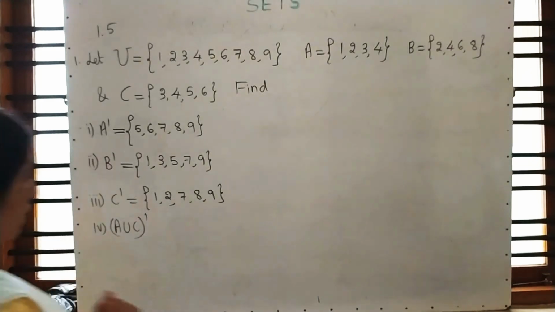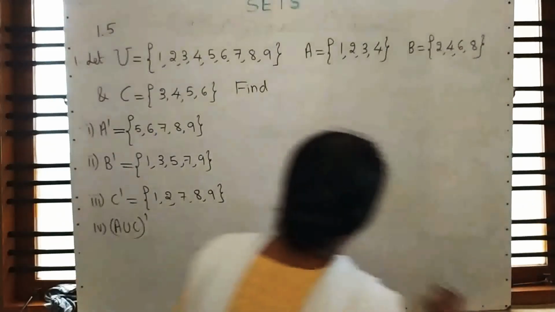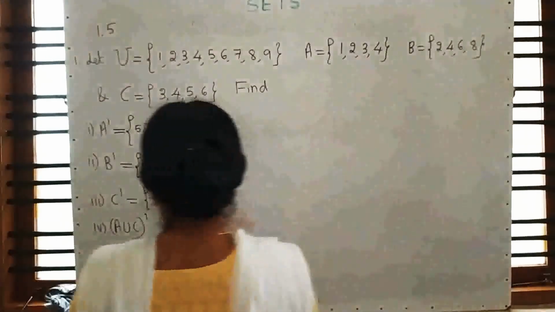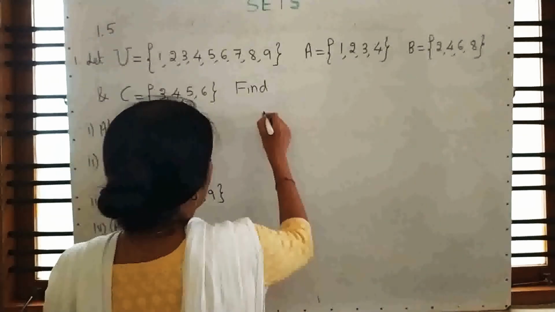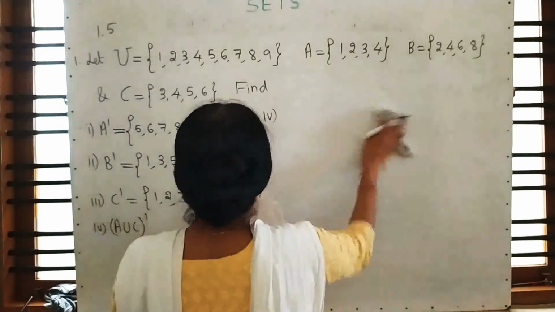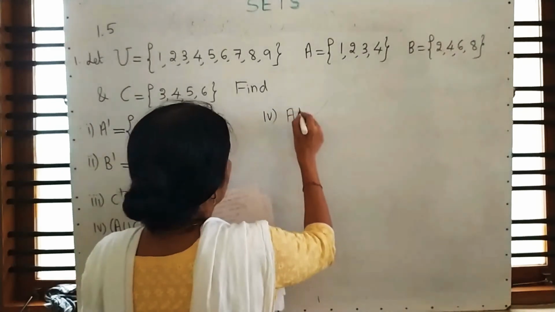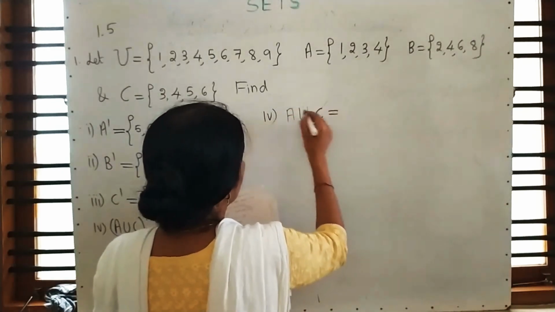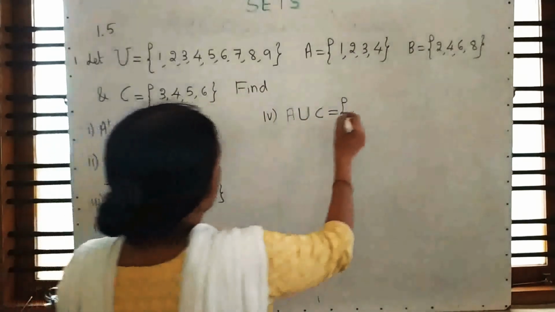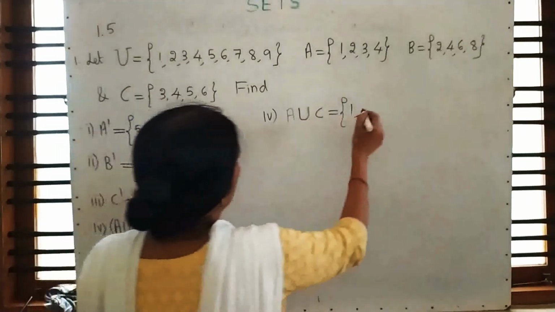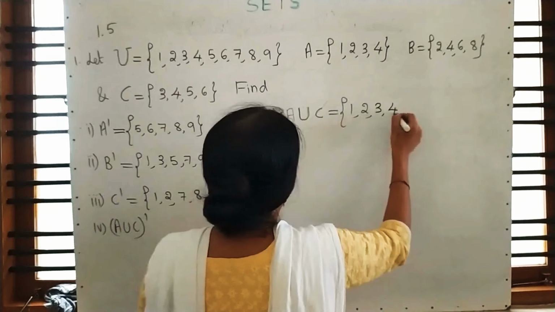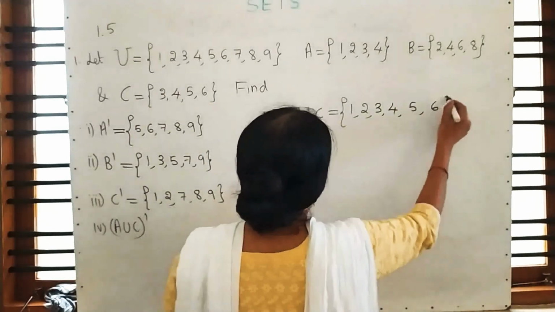See, the next question is (A union C) complement. For that, first we have to write A union C. That means we have to combine set A and set C. 1, 2, 3 is present in both, so don't write it again, then 4, 5, 6.